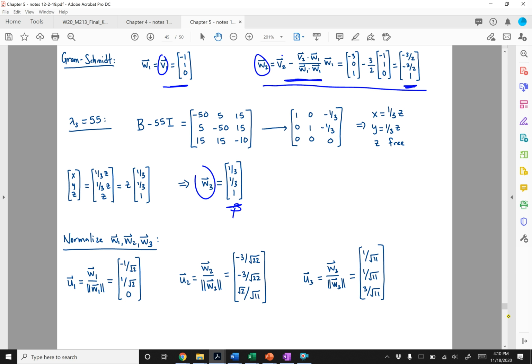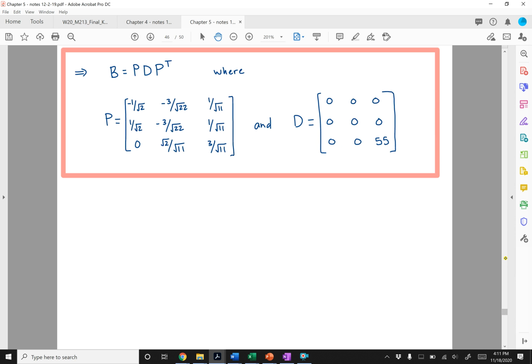We normalize those by dividing by the lengths, and now we have three vectors. They all have unit lengths, and they create an orthonormal basis for R3. And now we can write down P, and we can write down D, and so we can write down, if we want, P D P transpose, and we know what A is. So pretty slick. Again, these first two match up to the zero eigenvalues on the diagonal. The last one matches up with 55.